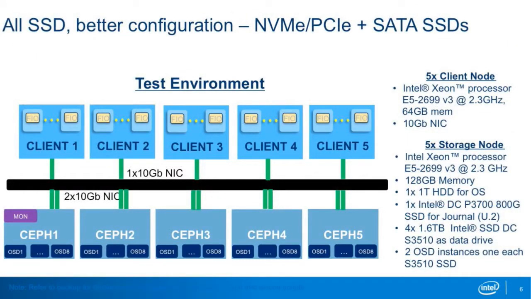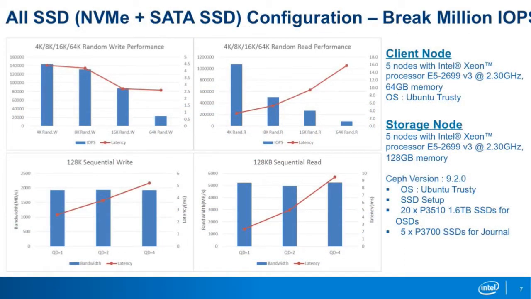I'm talking about the data of the second solution. We tested with 5 nodes and 5 clients. On each client we created 10 VMs, totaling 50 VMs. We have a demo downstairs as well if people want to look at it. With this configuration, we can achieve more than 1 million IOPS for 4K random read, and the latency is 3 to 4 milliseconds.